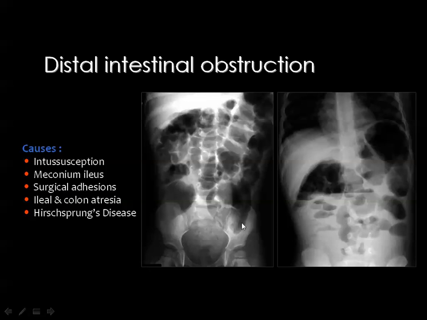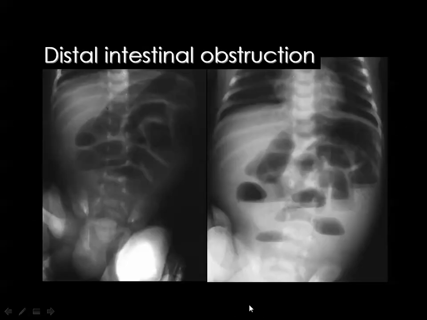This means that you have an intestinal obstruction, and the causes are many, including intussusception, meconium ileus, surgical adhesions, ileal and colonic atresia, and Hirschsprung disease. But all you can say from the plain film is that in the supine position there are multiple dilated air-filled bowel loops, and in the erect position you see multiple air fluid levels.